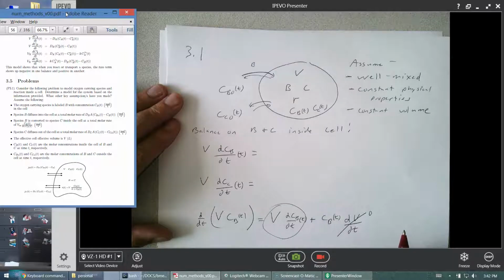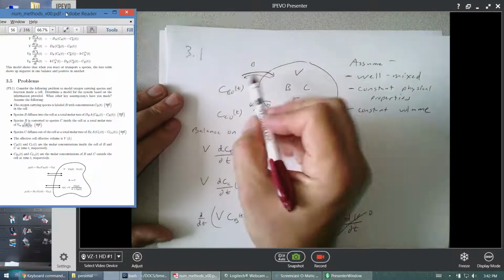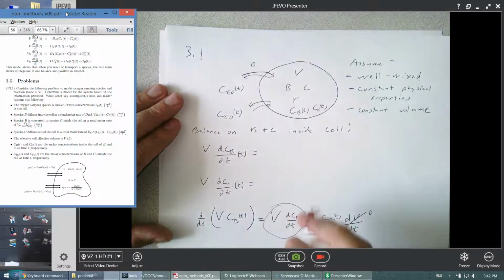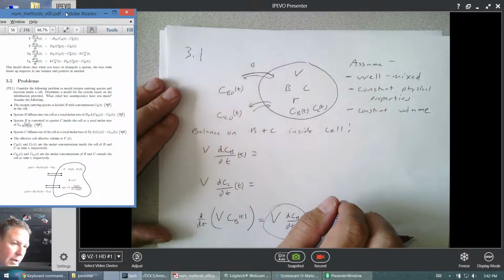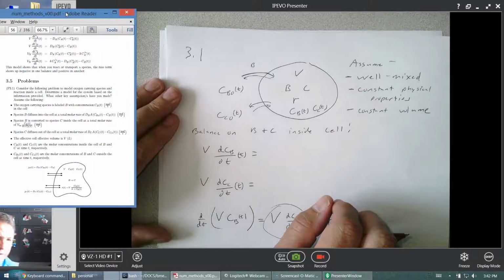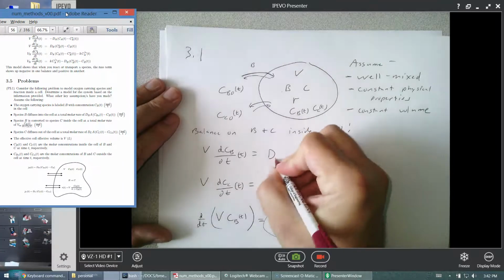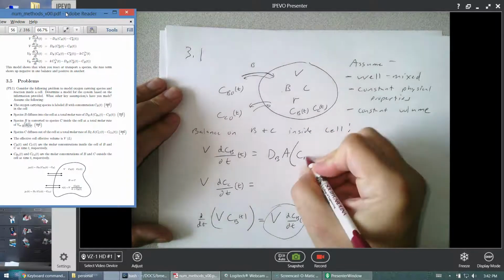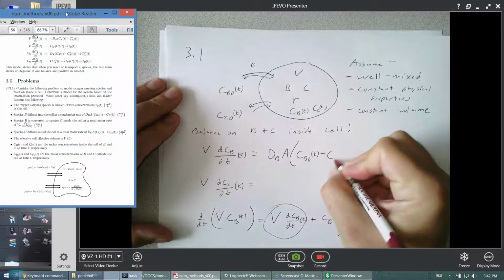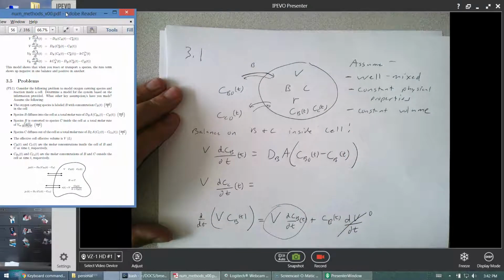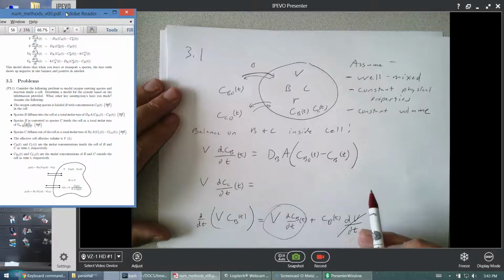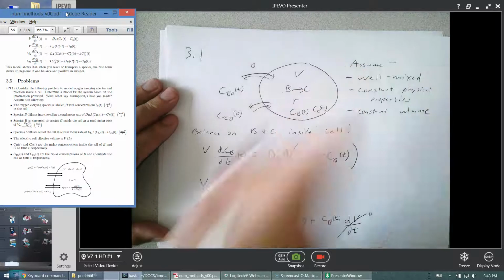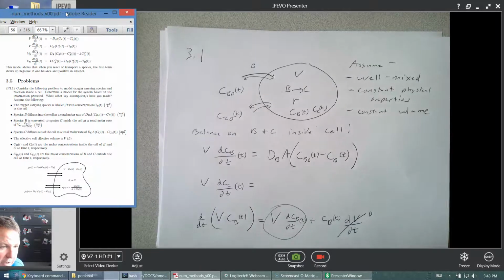For species B, we know it enters the cell with a diffusion rate. And that diffusion rate was given in the problem. The total diffusion rate is D sub B A times C sub B naught minus C sub B of t. Now what else is happening to B? Well, it's coming in with that rate, but it's converting from B to C. And we know the total reaction rate is given there as an expression.